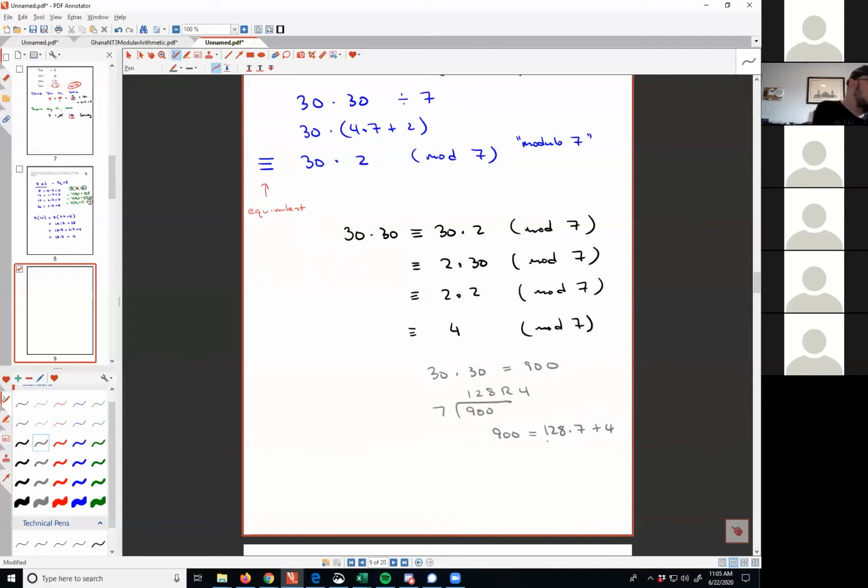So now, if we want to know the remainder when 30 times 30 times 30 times 30 times 30 is divided by 7, we can just replace all of those 30s by 2s.